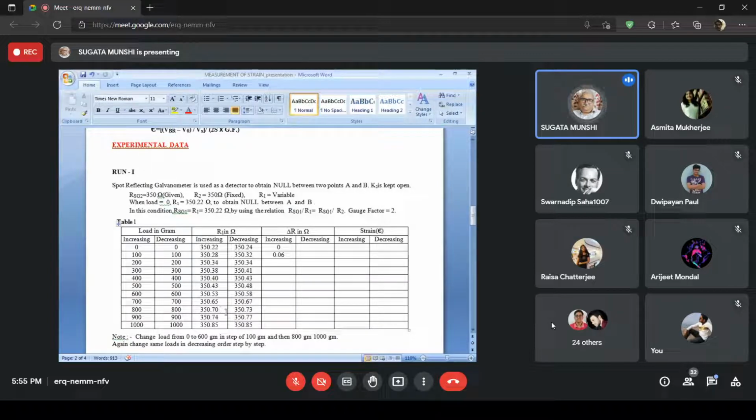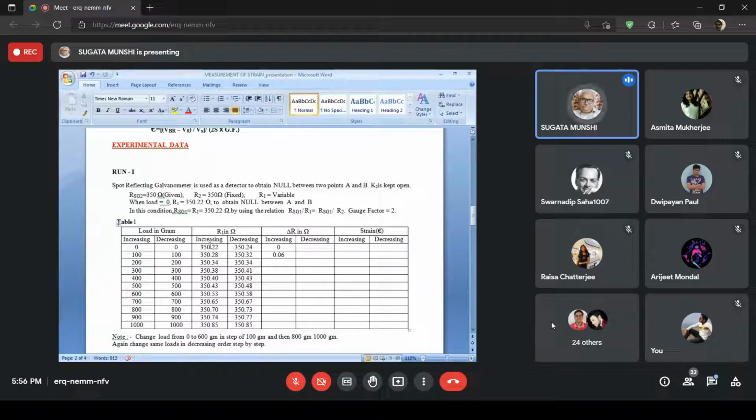There, you restore the bridge balance. Just see, here it was 350.74, here it is 355.77. So all these values are values of R1 required to achieve bridge balance. So these are actually values of the resistance of the strain gauge SG1. From this data, remember that you have ended your experiment when reaching zero load again.